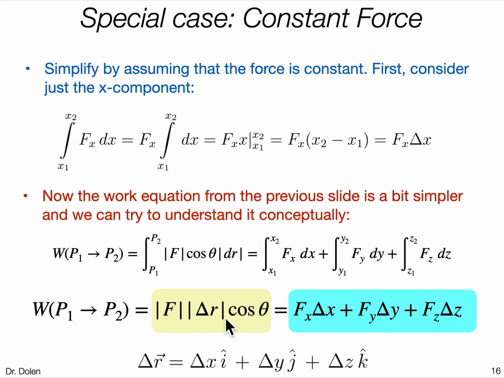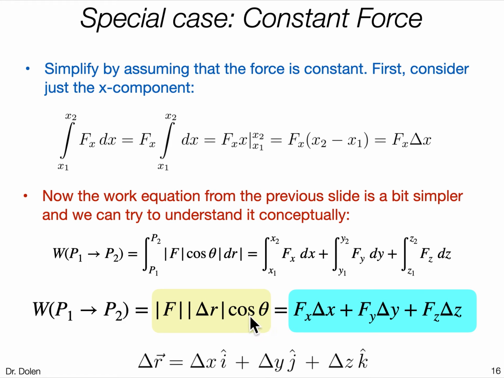Or we could also write this in terms of the other form of our dot product, which is I multiply my force times my displacement, just how far am I traveling, and then I multiply that by the cosine of the angle between the force and my displacement. Okay, and so this is also a really good conceptual idea to have in your head. If the angle between these two things is 0, cosine of 0 is 1, and I'm doing the most possible work.